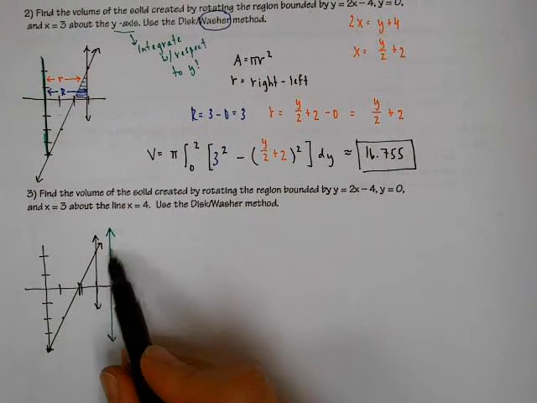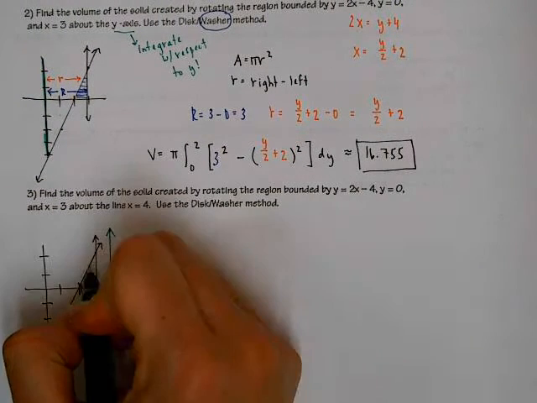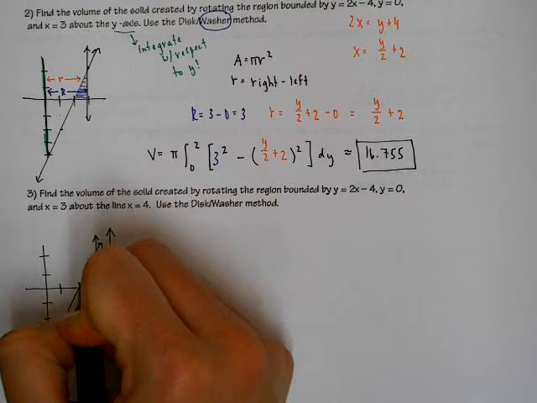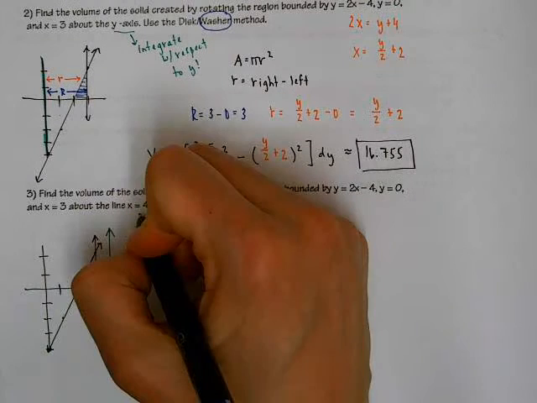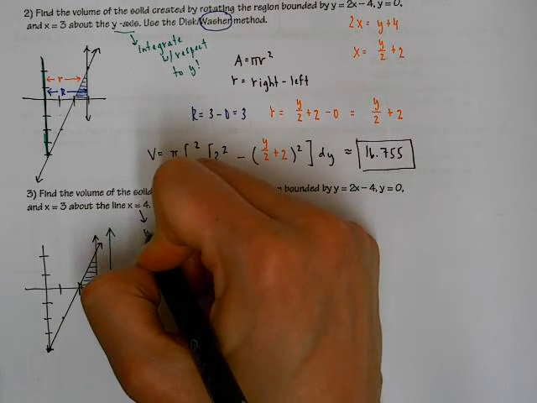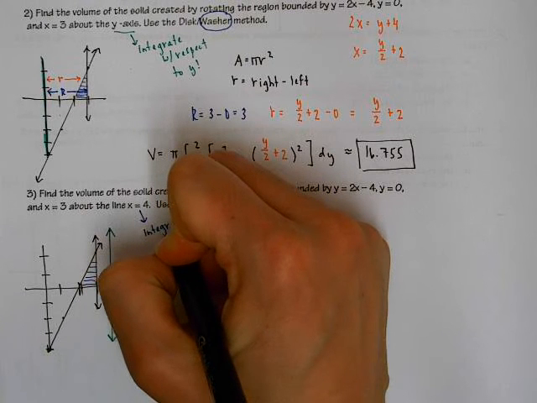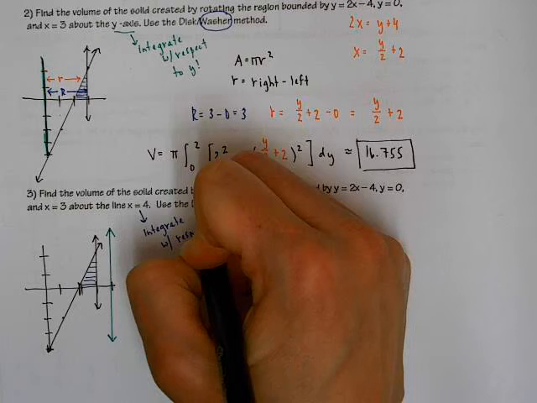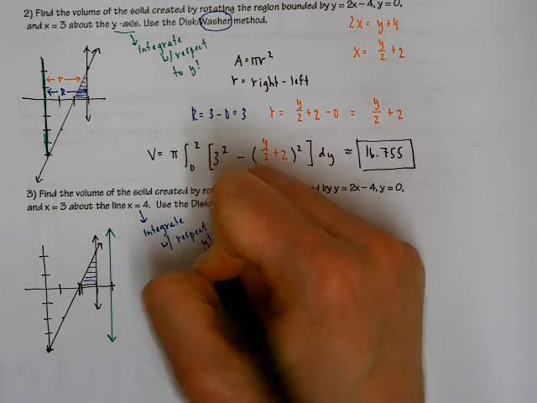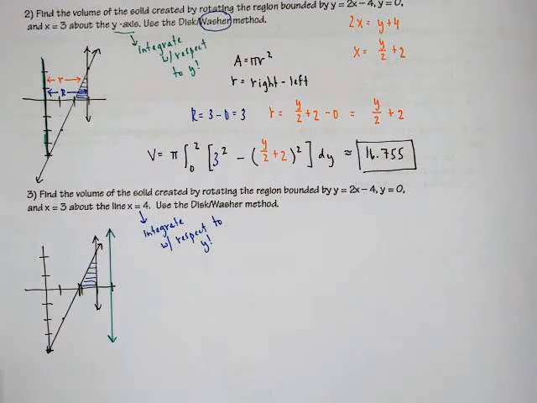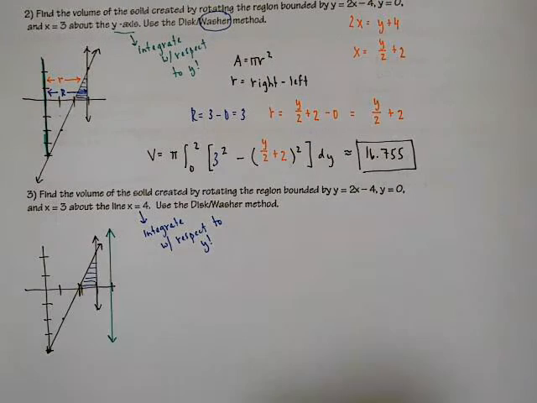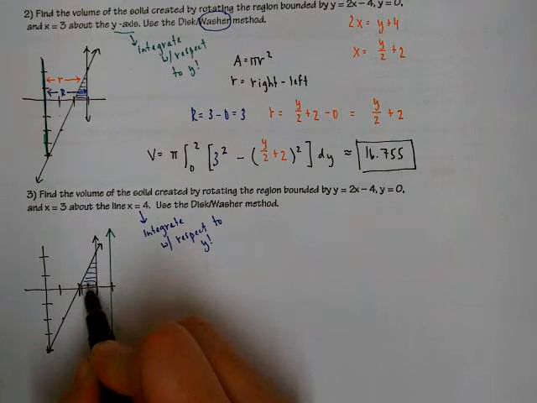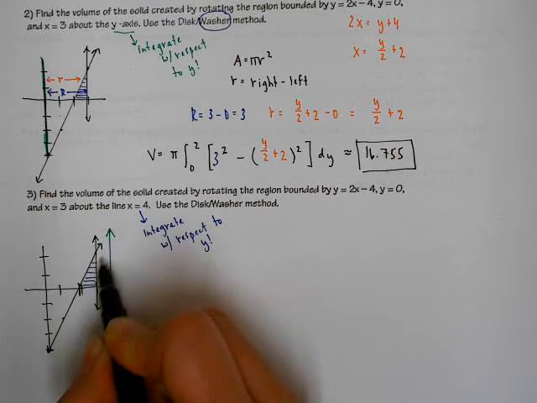Now, since this is parallel to the y-axis, I'm going to integrate with respect to y, because it's parallel to that y-axis. Now again, just like the previous problem, in between this region and my axis, I have all this blank space.